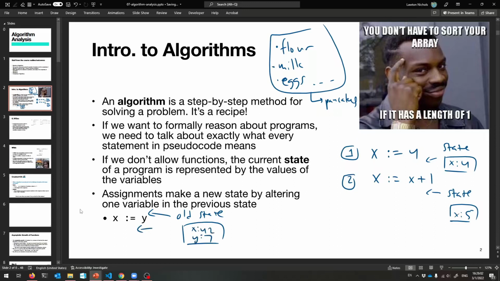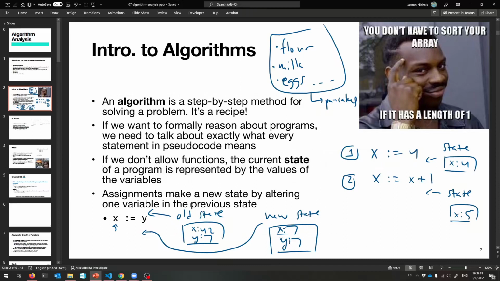And then after this line completes, x has been changed, right? We're writing to x. And now there's a new state where, given the values of the previous variables, x has become whatever y was. y was 7. So x is now 7, and y is still 7. See that? Only one variable changed. It was x. So that is an assignment statement. That's how it changes the state of a program.